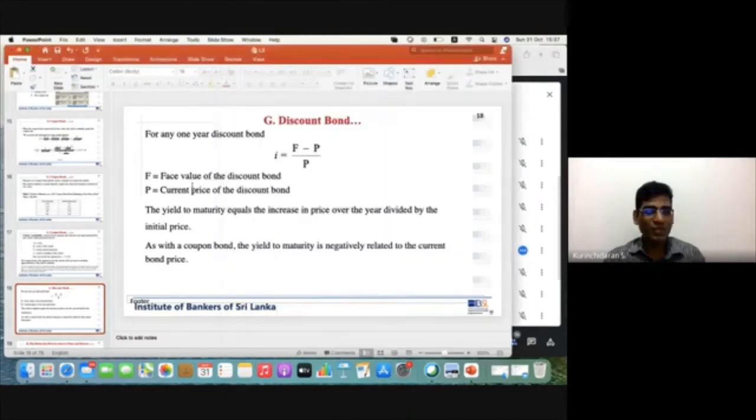Now, when somebody talks about coupon, you should be able to know they're talking about treasury bonds. When somebody is talking about discount bonds, you should think of treasury bills, because treasury bill issuance is something different. The government of Sri Lanka will issue treasury bills through the central bank, saying the face value is 100 rupees, but I am going to give you a discounted price, maybe 90 rupees.